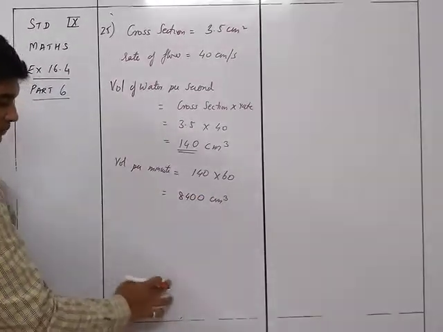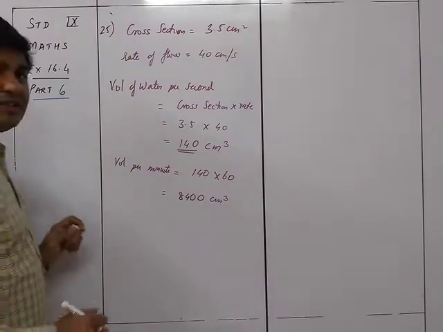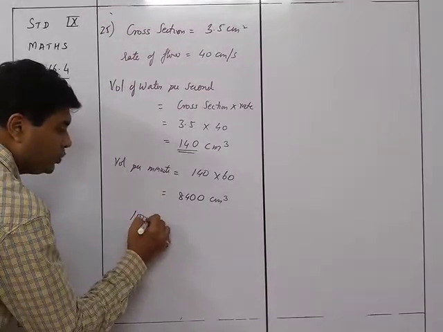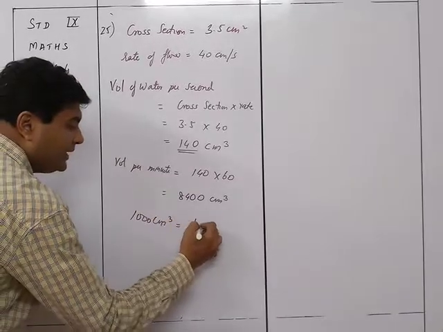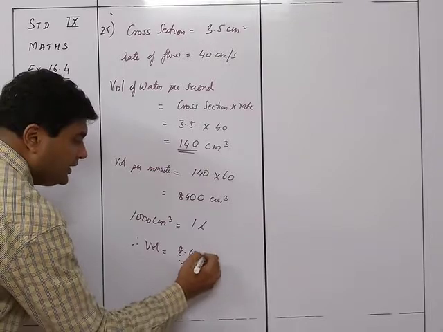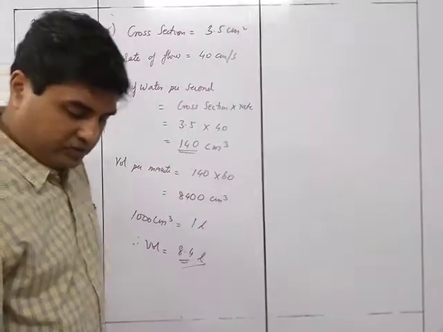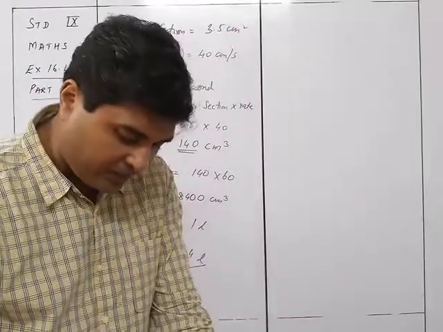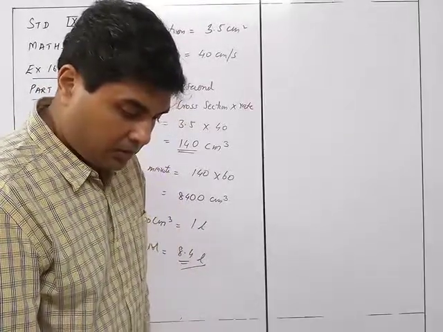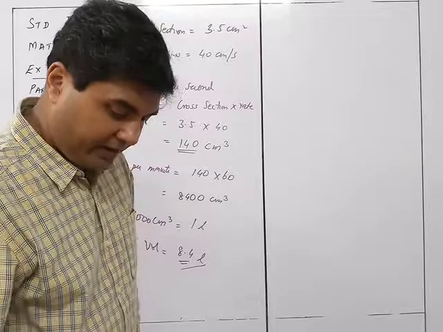Now I know that 1000 centimeter cube make 1 liter. 1000 centimeter cube is equal to 1 liter. Therefore volume is equal to 8.4 liters. Right, so that is the water delivered. Water delivered over here will be 8.4 liters. Yes.